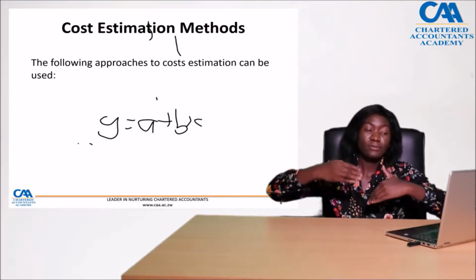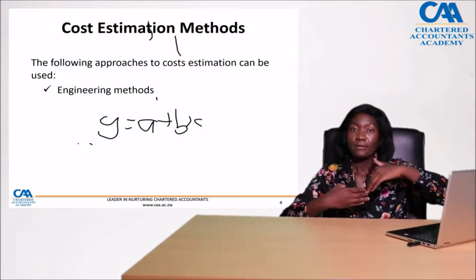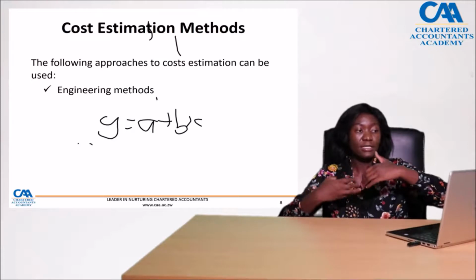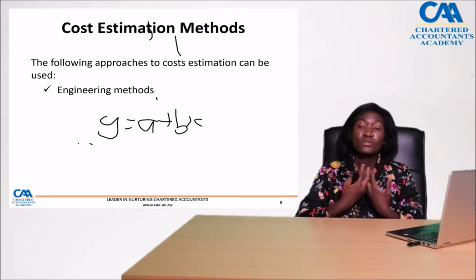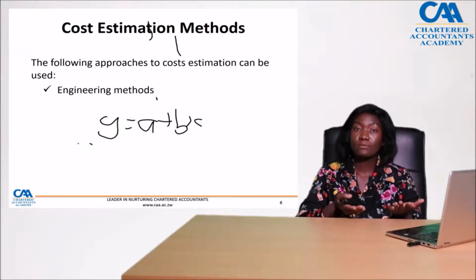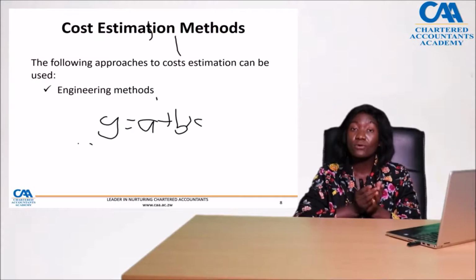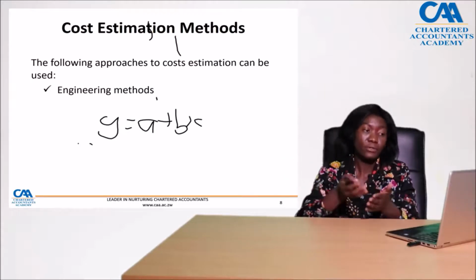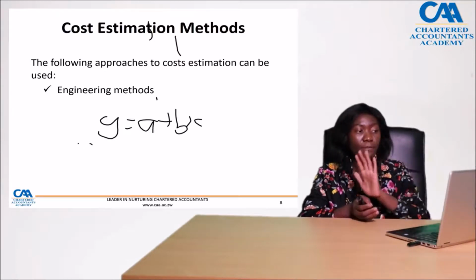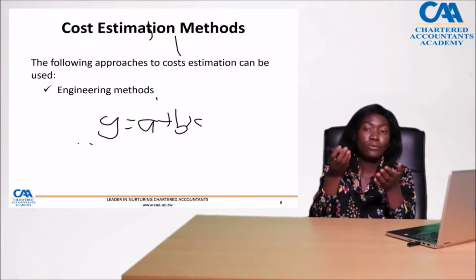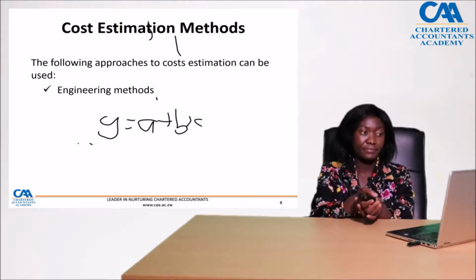So after observing, I can convert the physical quantities from an activity into a cost. When is this method most useful? It's most useful when we are estimating cost for a repetitive process. It's also important when the output and input relationship is clearly defined.